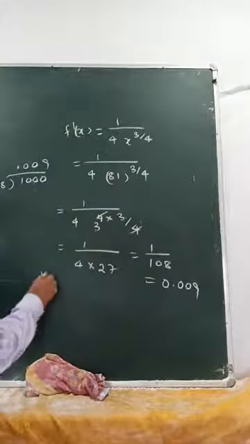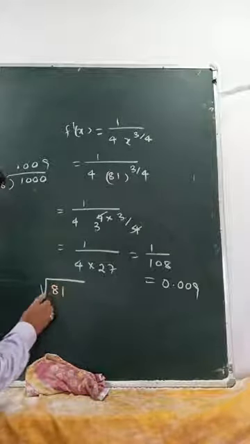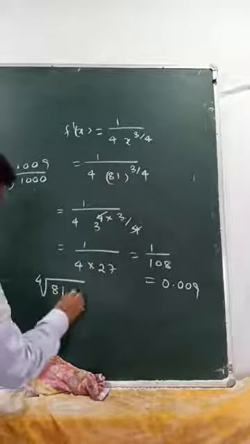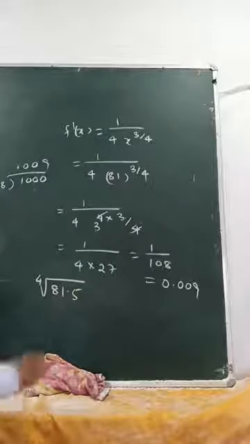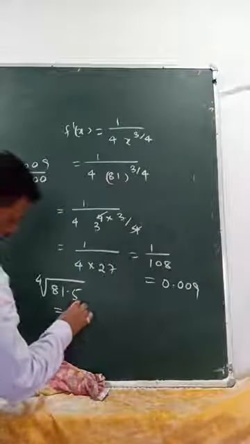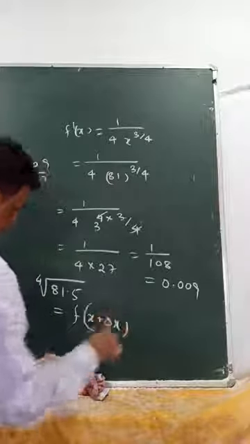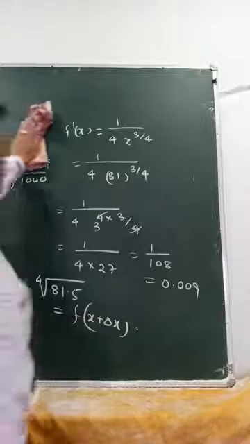Now, the fourth root of 81.5 also you can write like this: f of x plus delta x. So, what is that value?